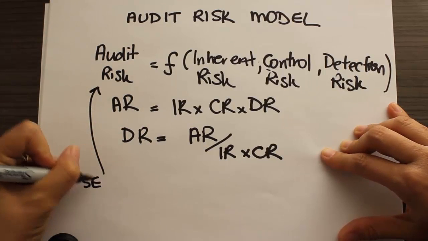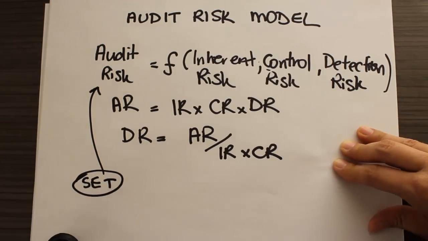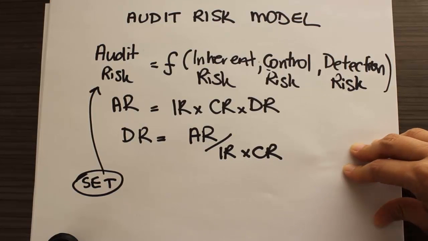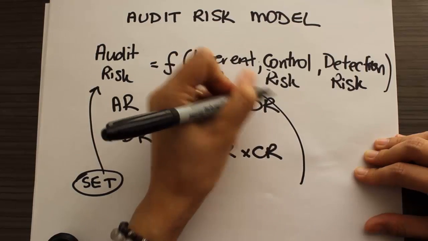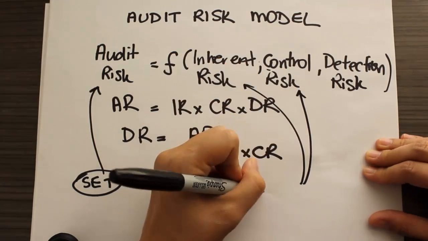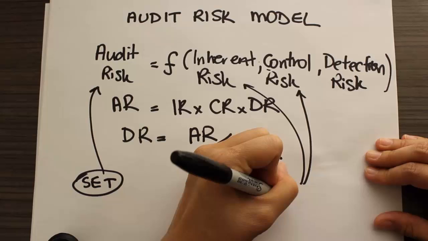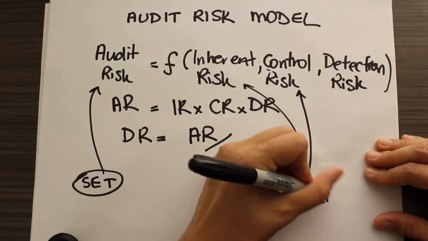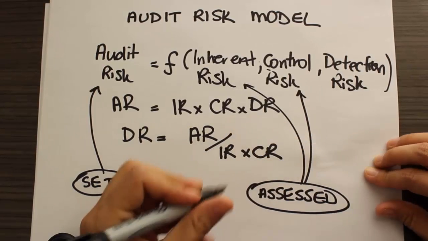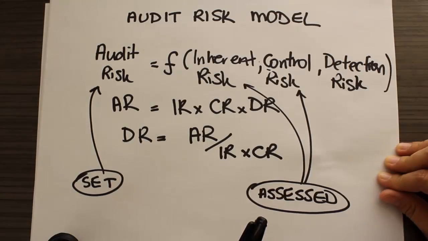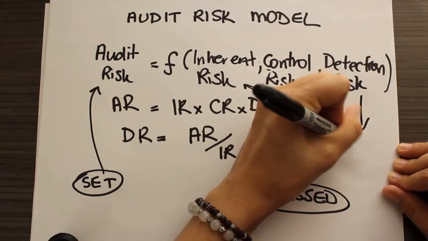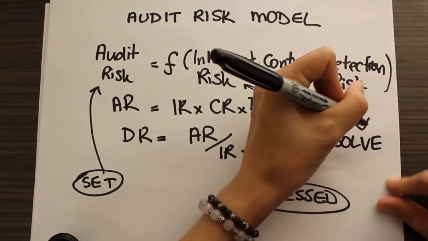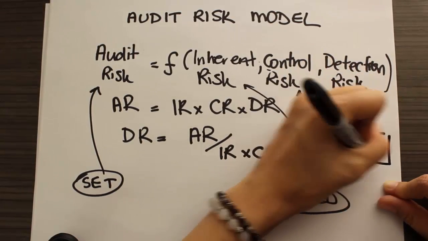So in the audit, risk is set by the audit partner. The level of inherent and control risk are assessed by the auditor, alright, and the level of detection risk is what we need to solve for or what we need to find.